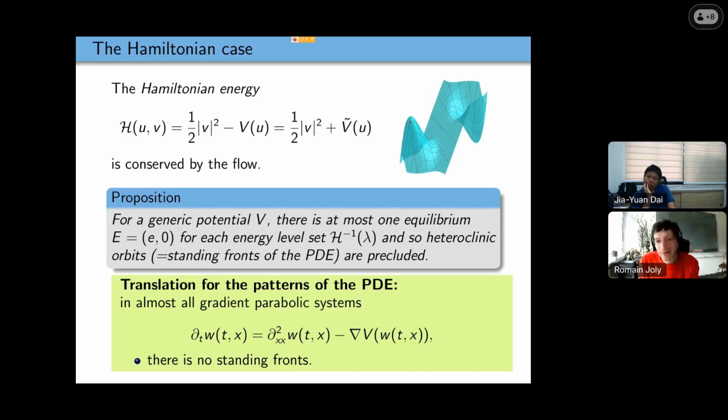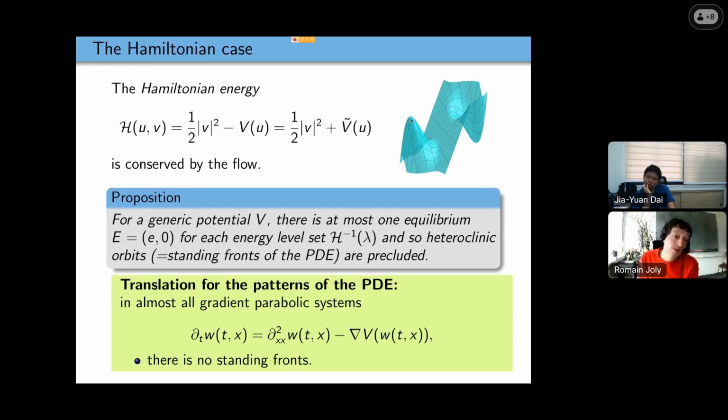And in this case, due to conservation of the energy, it's only possible if both equilibria have the same value for the potential. So it may happen, you can construct a particular potential so that there are really this kind of trajectories, not too difficult by symmetry, but it's very particular.